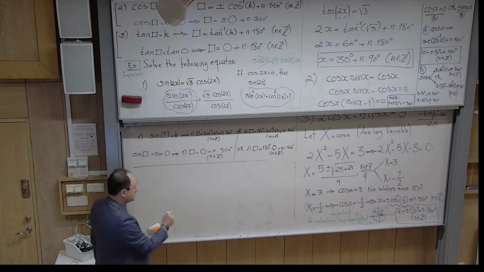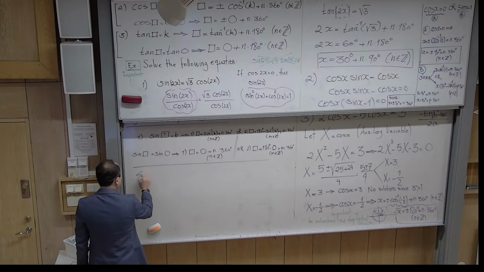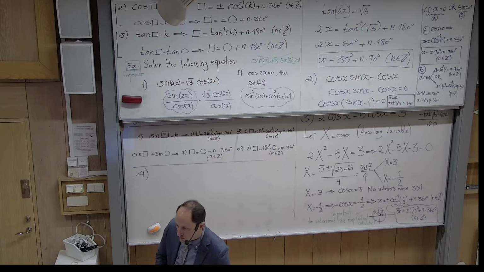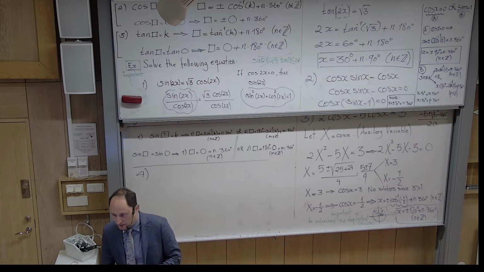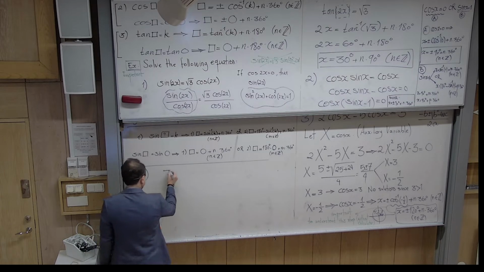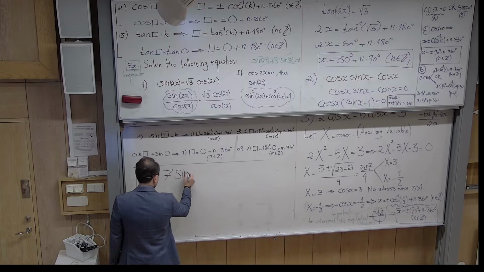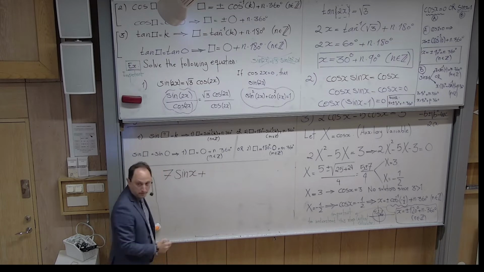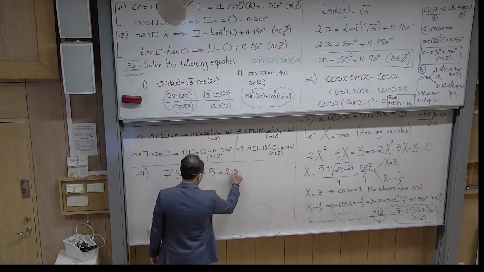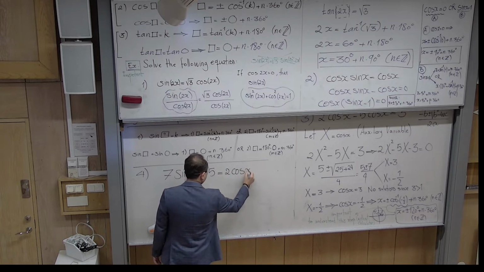Number 4. I want to choose the one which is slightly different: 7 sine x plus 5 is equal to 2 cosine squared x.